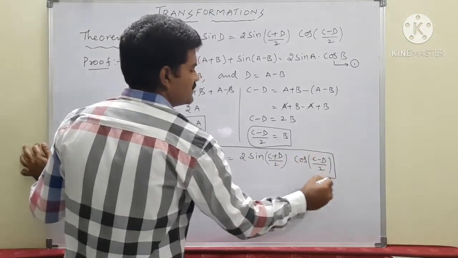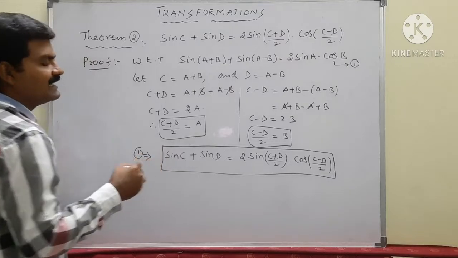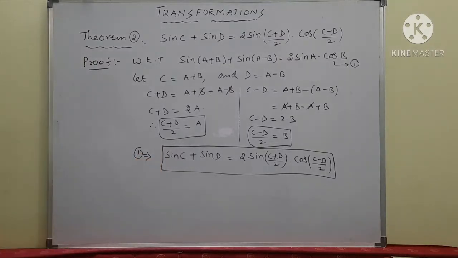So the above result is transformed into sin c plus sin d is equal to 2 sin c plus d by 2 into cos c minus d by 2. Right?